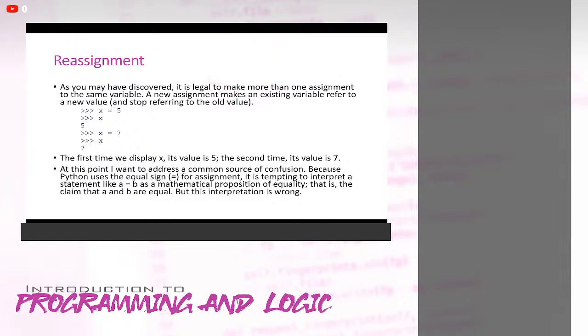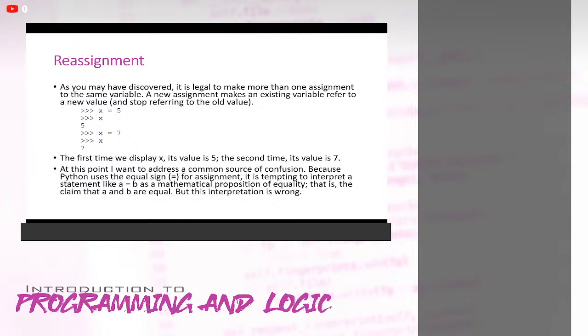The replacing of the data in a particular variable with something new is the process known as reassignment. As you've probably discovered while working through things, it is possible to take the value out of a variable and put a new value in it.